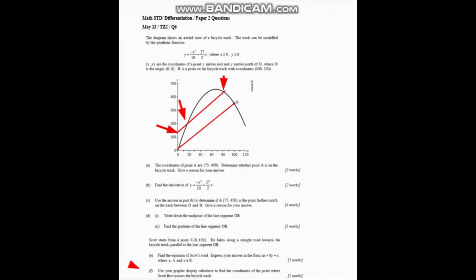To get the equation of the line, we need a point and a slope. We already have the point 0, 150, and since the line is parallel to OB, it has the same slope or the same gradient which we already obtained in D II. So we have everything we need for the equation.